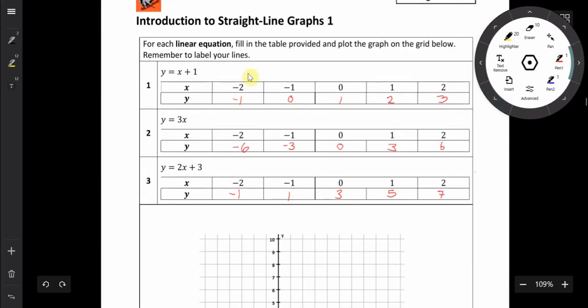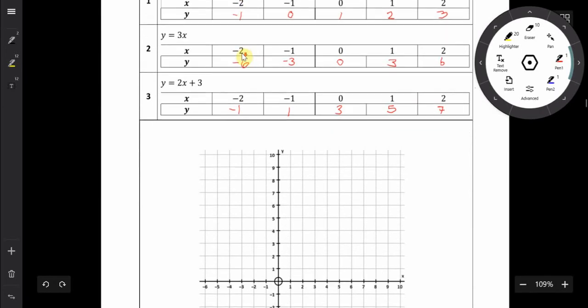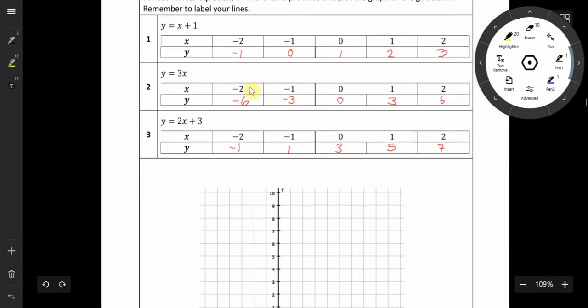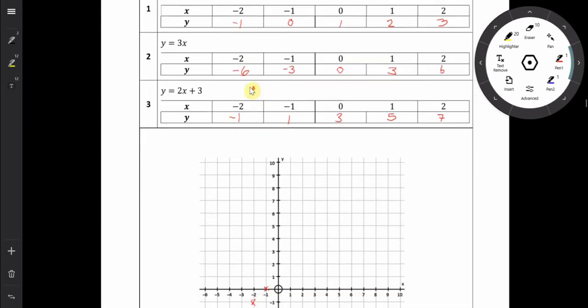Each pair of x and y numbers forms a pair of coordinates. Let's start with this first line. We're going to go along the x-axis minus 2 and down to minus 1 on the y-axis. So minus 2, minus 1, that's there. Negative 1, 0 is there. 0, 1.